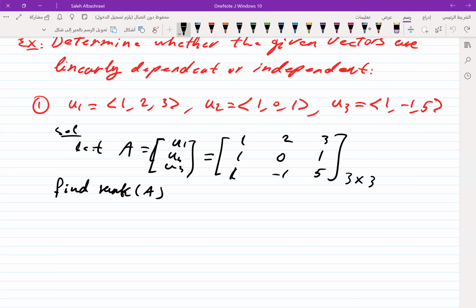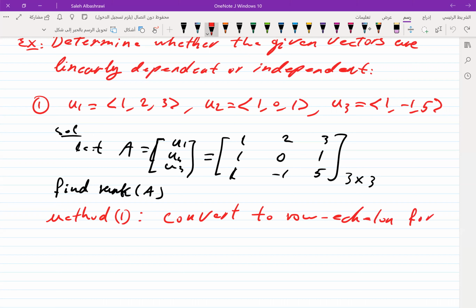First one, reduce the matrix to echelon form. Since this is a square matrix, we reduce it to row echelon form using row operations.